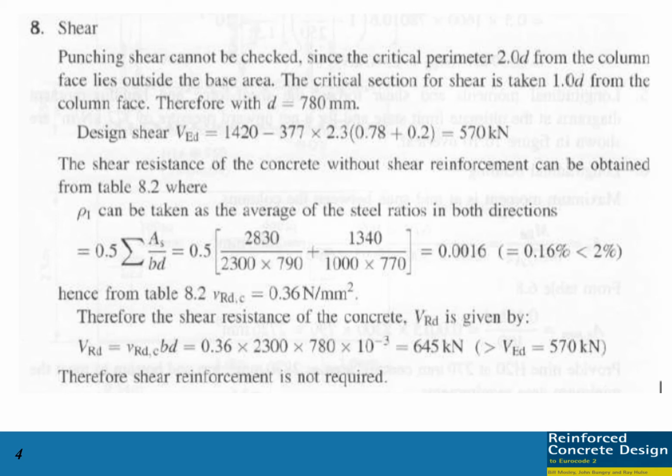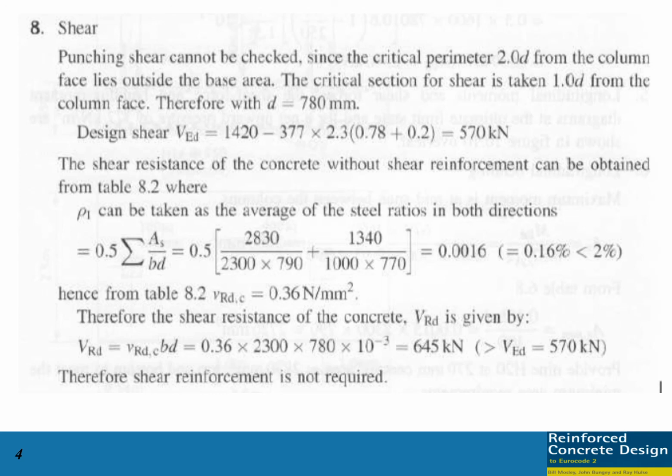Therefore, with the D 780 mm, we have the design shear VED is 1420. 1420 is the maximum shear force acting at the column. So minus the 377. 377 is the net pressure, the upward pressure from the soil, multiplied by 2.3 is the width of the footing.